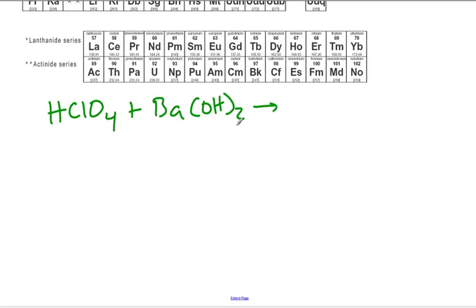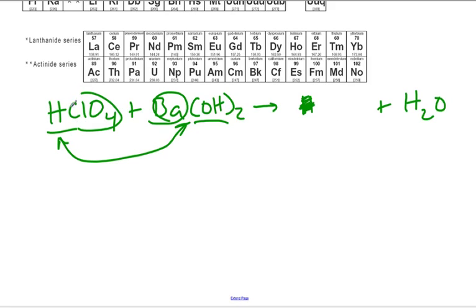Basically what's going to happen is the acid and the base part, the hydroxide and the hydrogen are going to create water. And then these two ions are going to form together to make an ionic compound.